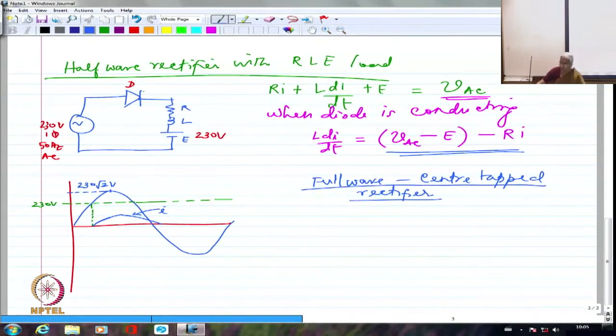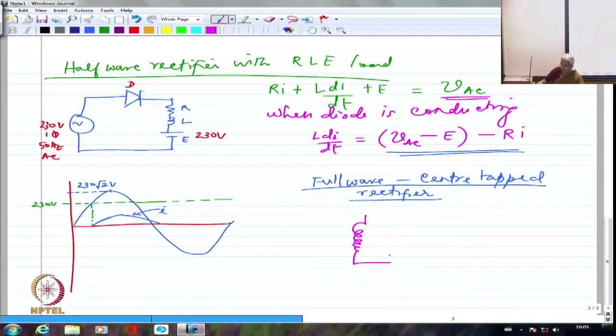We call this a center tapped rectifier because we will always use a transformer with the center tap. What we mean by center tap is, if I am going to have a transformer secondary like this, I am going to take from the midpoint a connection. So I am taking a tap from the midpoint, from the center.